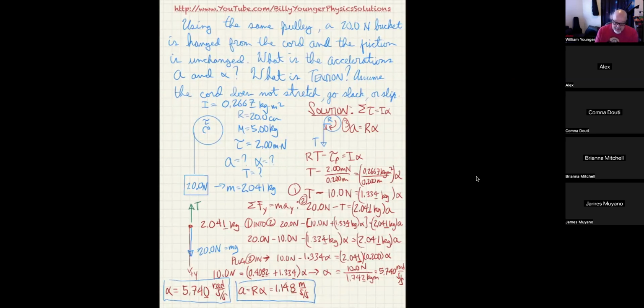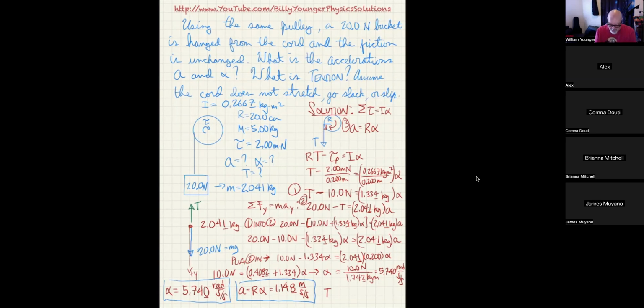And finally, I can solve for the tension. The tension, you can tell, we can take it from equation 1, for instance. That's just going to be 10 plus 1.334 times the alpha.